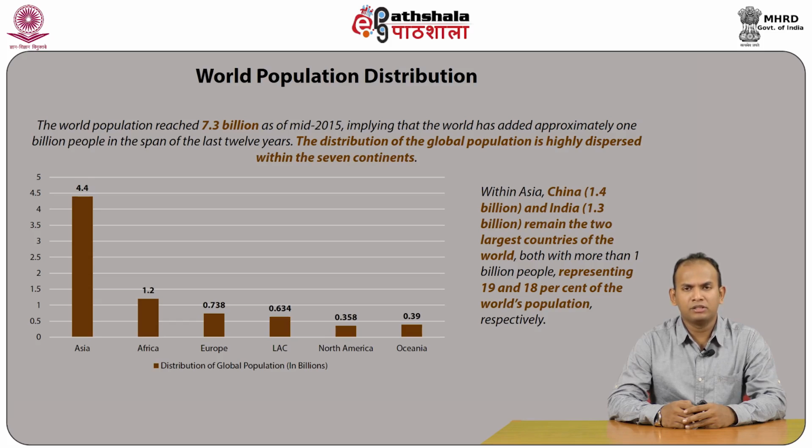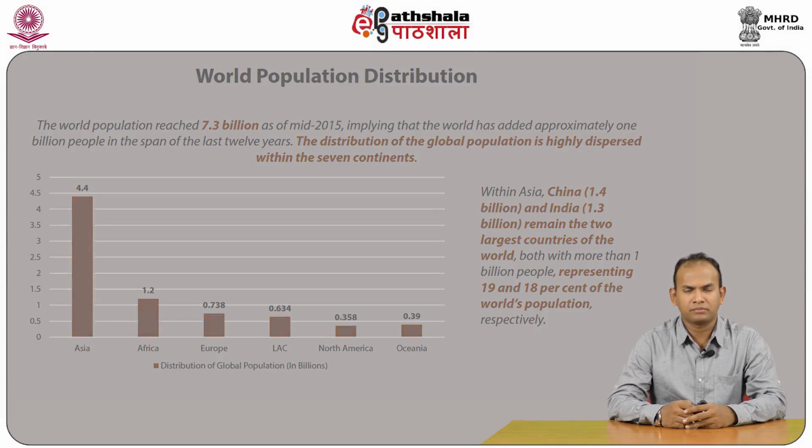Within Asia, China with 1.4 billion, and India with 1.3 billion, remain the 2 largest countries of the world, both with more than 1 billion people, representing 19 and 18% of world's population respectively.